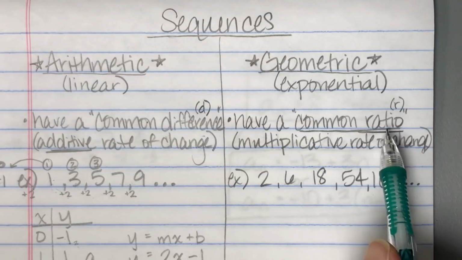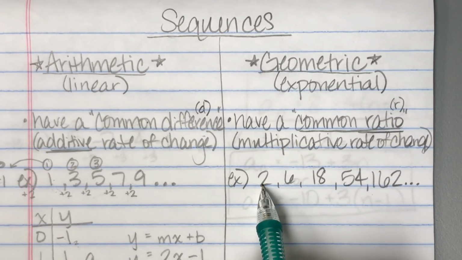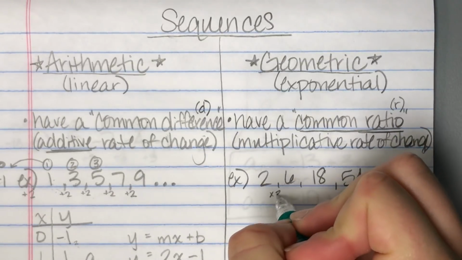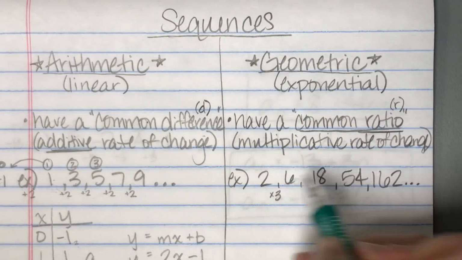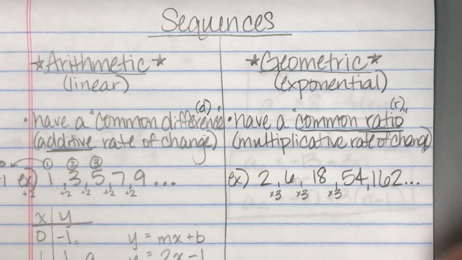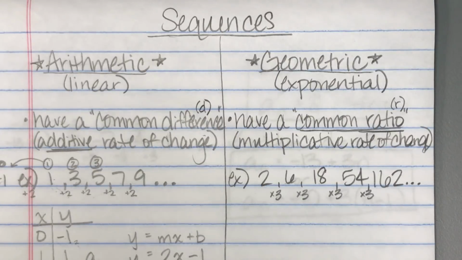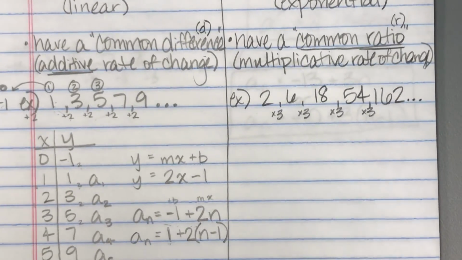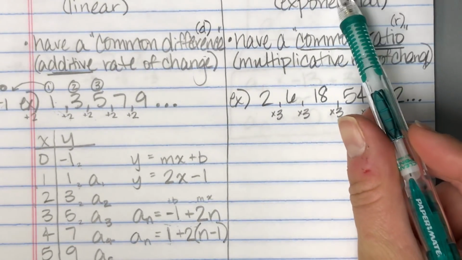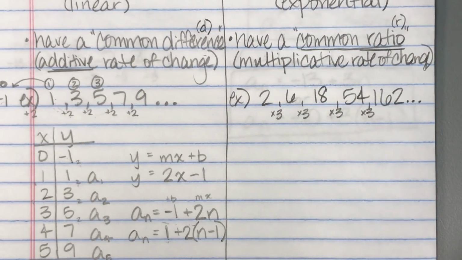But for the common ratio, 6 over 2 means I'm multiplying by 3. 18 over 6 shows I'm also multiplying by 3. I'm multiplying by 3 to get to 54, and by 3 to get to 162. So this is definitely geometric. It has a common ratio of multiplying by 3 every single time.